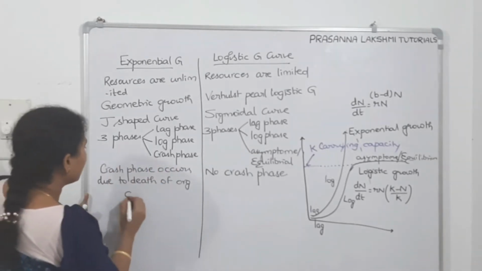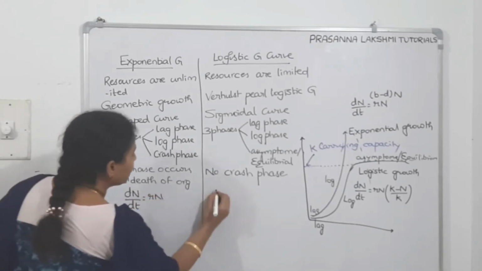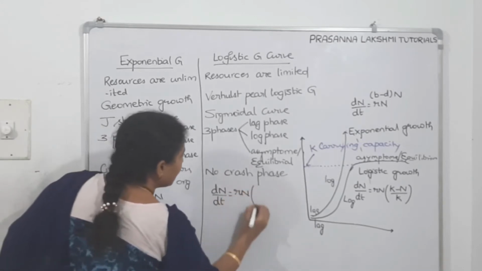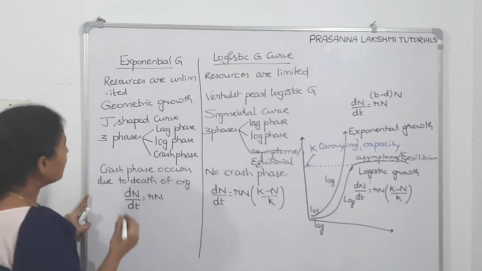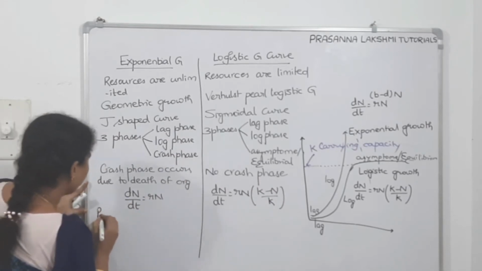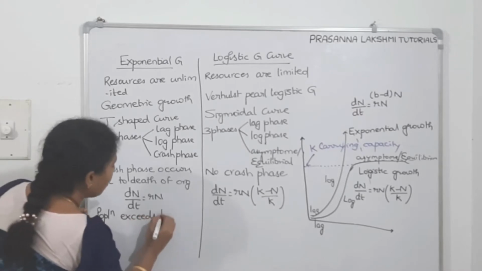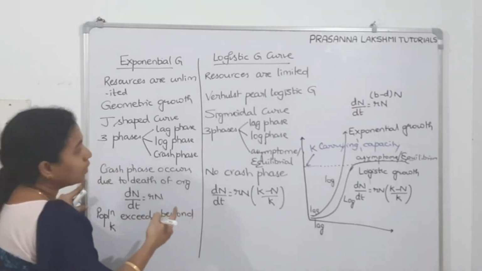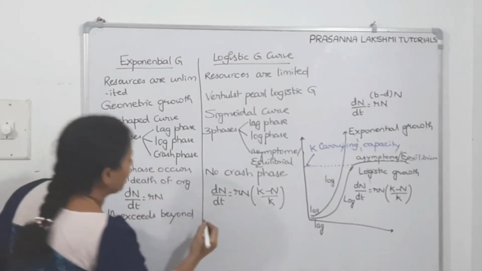And here the formula is dN by dt is equal to rN. Carrying capacity also we need to add. So here we will tell the population exceeds beyond carrying capacity. Here it seldom exceeds, they maintain equilibrium at carrying capacity.